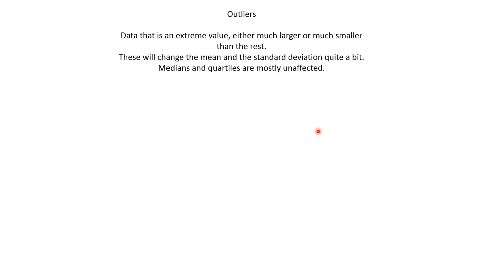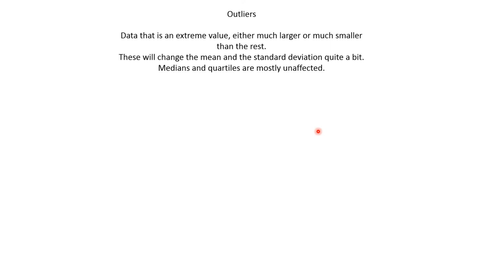And the quartiles would all stay the same as well, because it would just be moving up half a number. And so medians and quartiles are not really affected by outliers, but the mean and standard deviation do get pulled quite a bit. The mean gets pulled in that direction. Standard deviation just gets bigger.